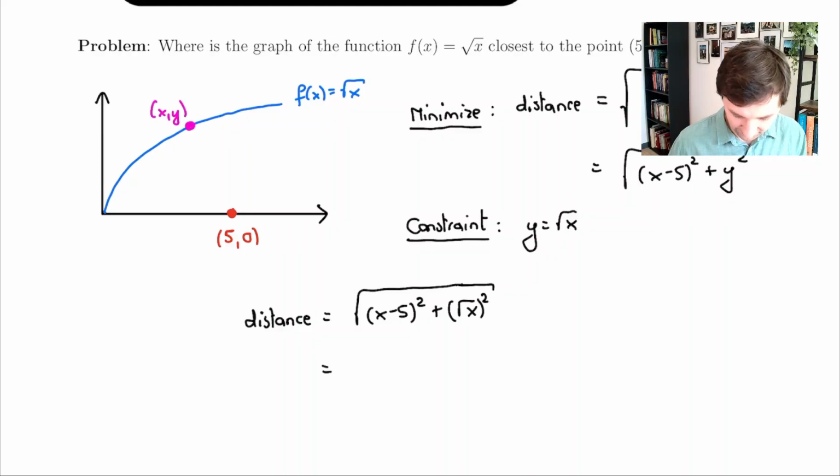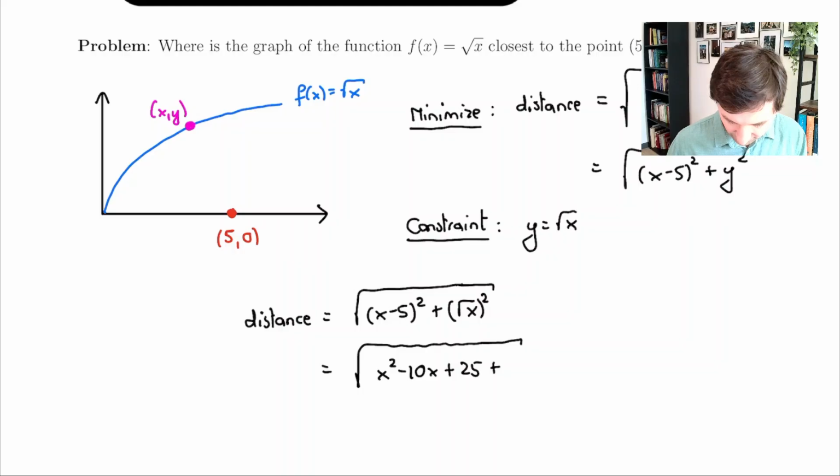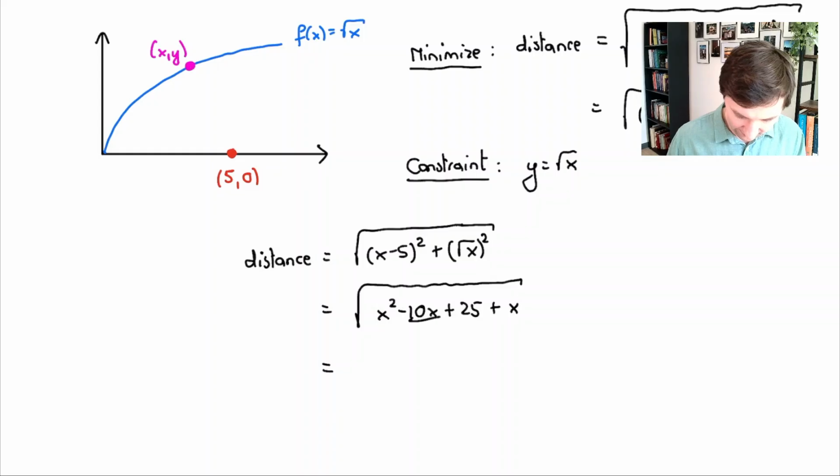Let me simplify this expression. I get square root of, let's multiply out this parentheses. I get x squared minus 10x plus 25 plus x at the end. Square root gives me just x. Now negative 10x plus x gives me negative 9x.